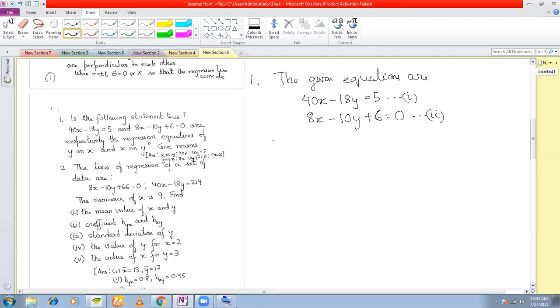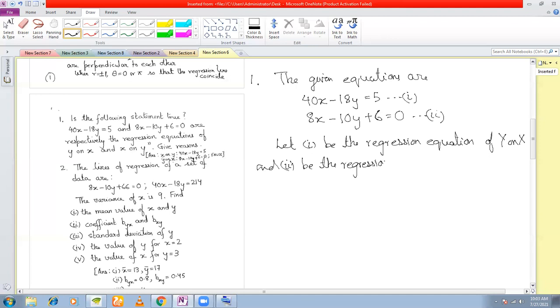So what I say is, I assume let 1 be the regression equation of y on x and 2 be the regression equation of x on y.